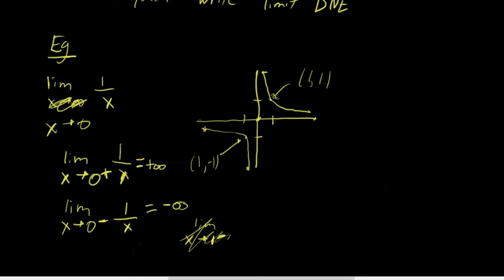And that's the interpretation of this limit as x tends to 0 from the left of 1 over x being negative infinity. So this is x tending to 0 from the left of 1 over x, not the limit as x tends to 0 of negative 1 over x. That may have confused you there.